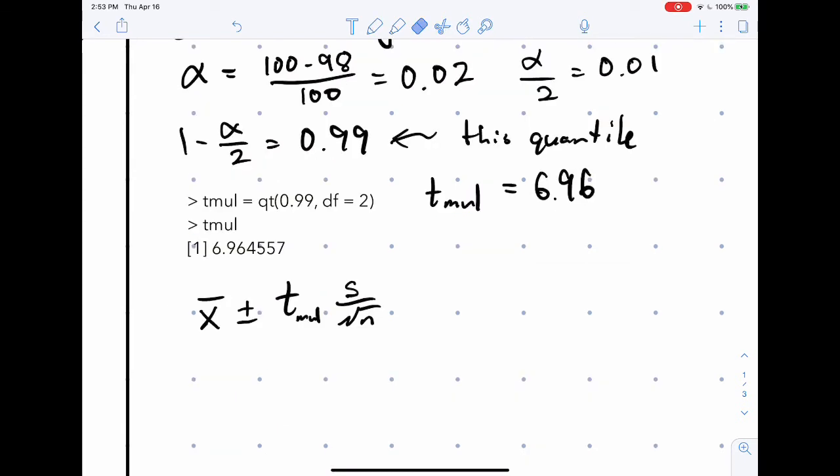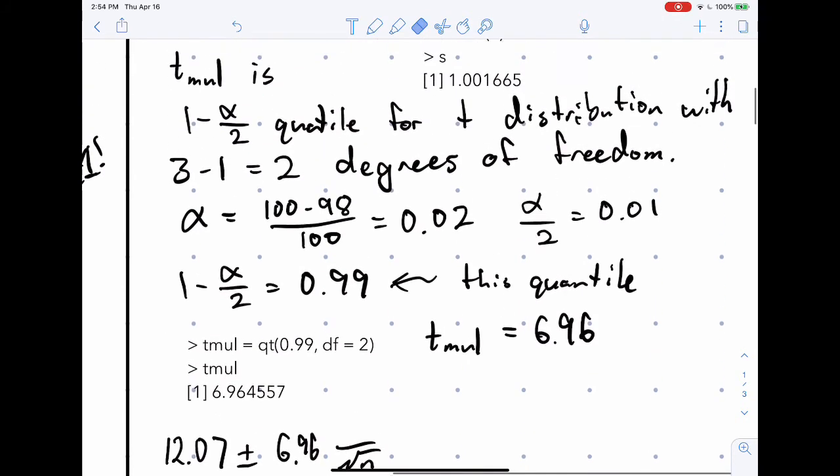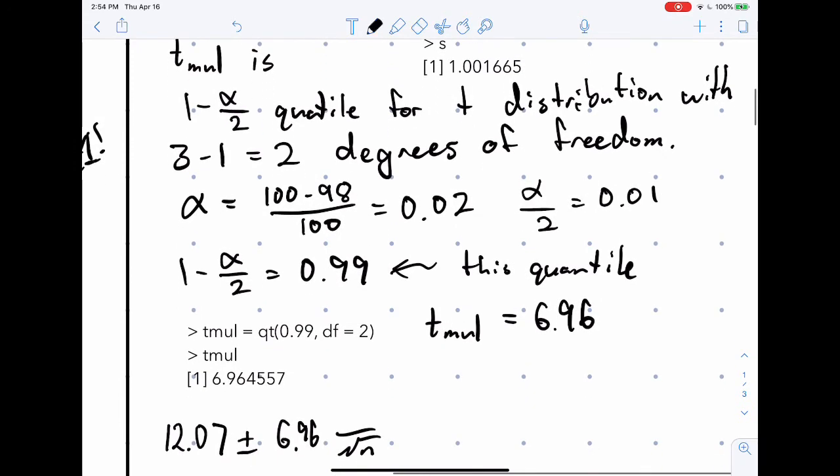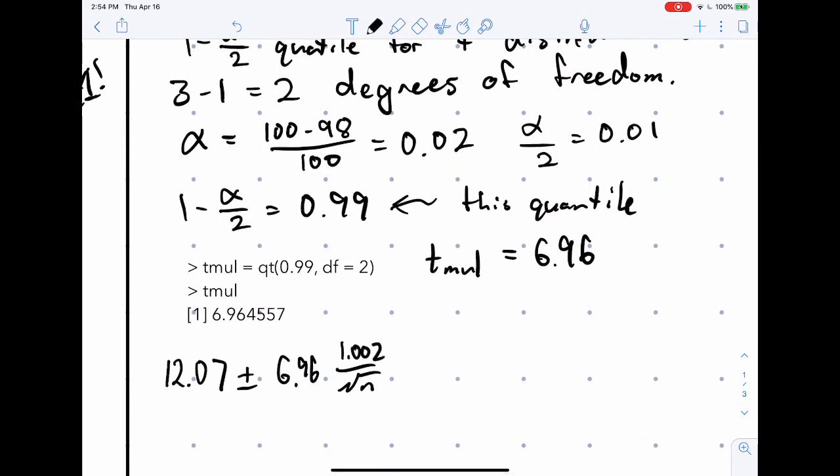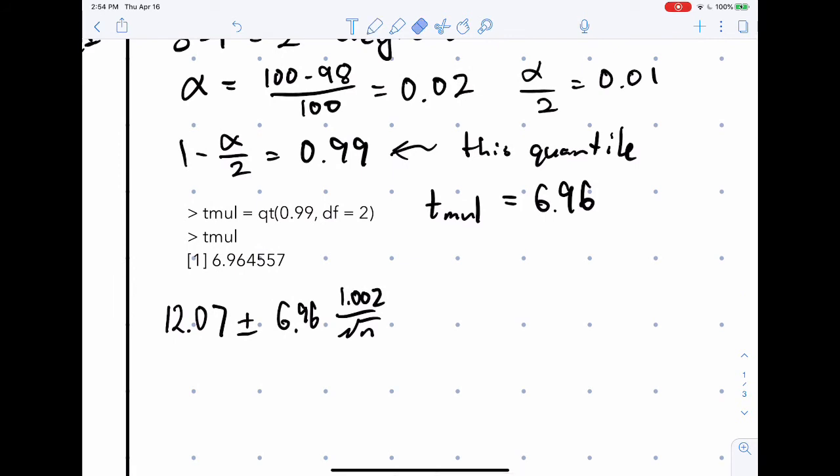Plugging it in one step at a time, x bar was equal to 12.07 plus or minus the t multiplier, which is equal to 6.96, times s, which equals 1.002, over the square root of n, where n equals 3.